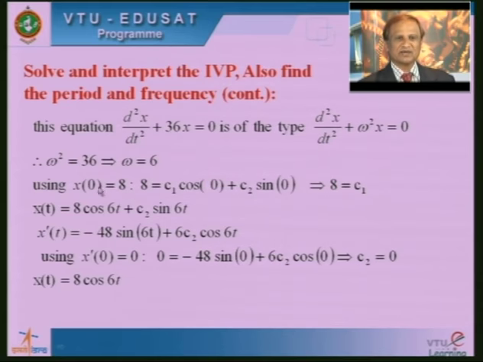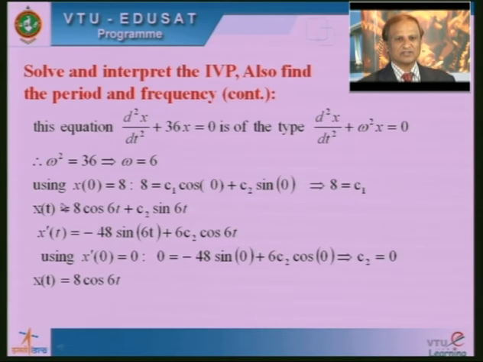By using this initial condition, I can obtain the value of the arbitrary constant. So, 8 is equal to C1 cos of 0 plus C2 into sine of 0. We know that sine 0 is 0, cos 0 is 1. Therefore, I can obtain C1 is equal to 8.